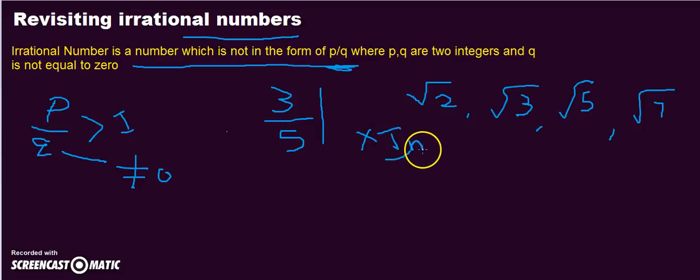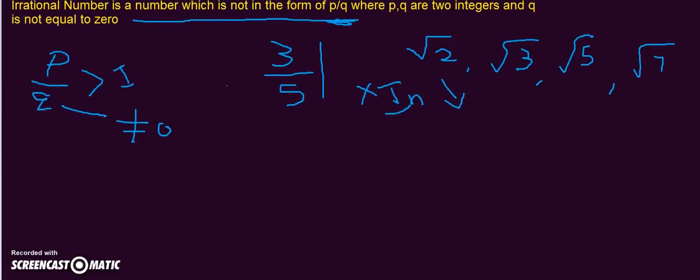Now we have to prove that a number is irrational. For that, let me take an example. I'm going to explain the proof of irrationality now.